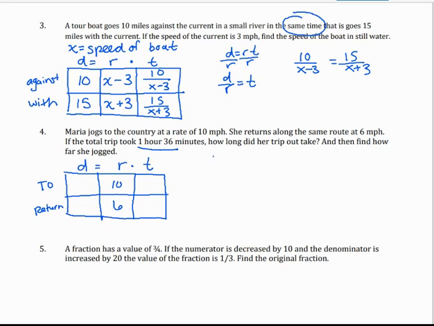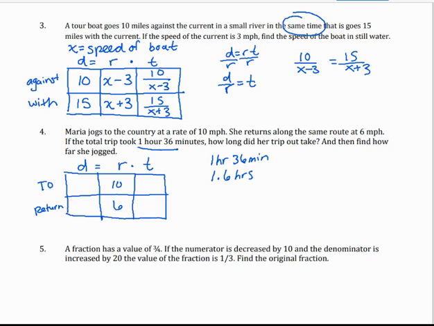So recall, how many minutes are in an hour? 60. So 36 over 60 gives me 0.6. So this is really saying 1.6 hours. Keep that in mind so that your calculations will all work out.